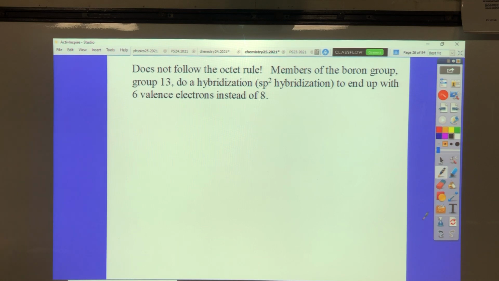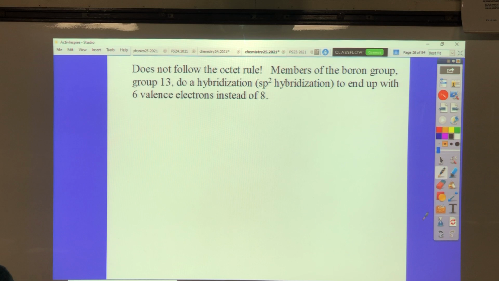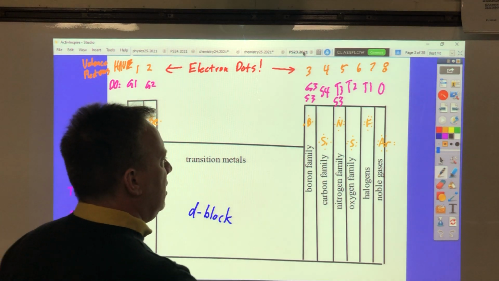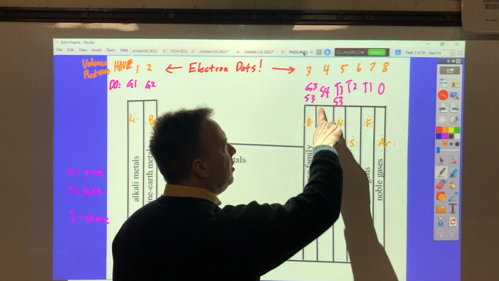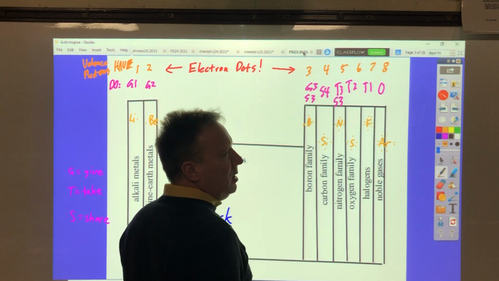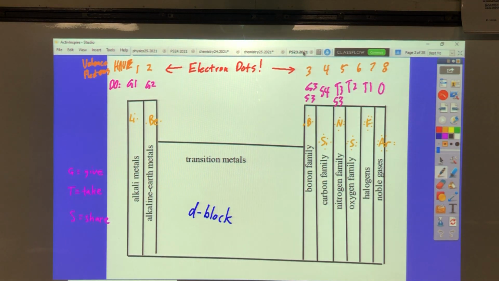Members of the boron group do a hybridization to end up with 6 valence electrons instead of 8. Now you're going to find out later that anything in this family does an sp3 hybridization, but that doesn't change the octet rule for them. But for boron, they end up at 6. They do a hybridization. We'll talk about what that means more later. But they end up with 6.